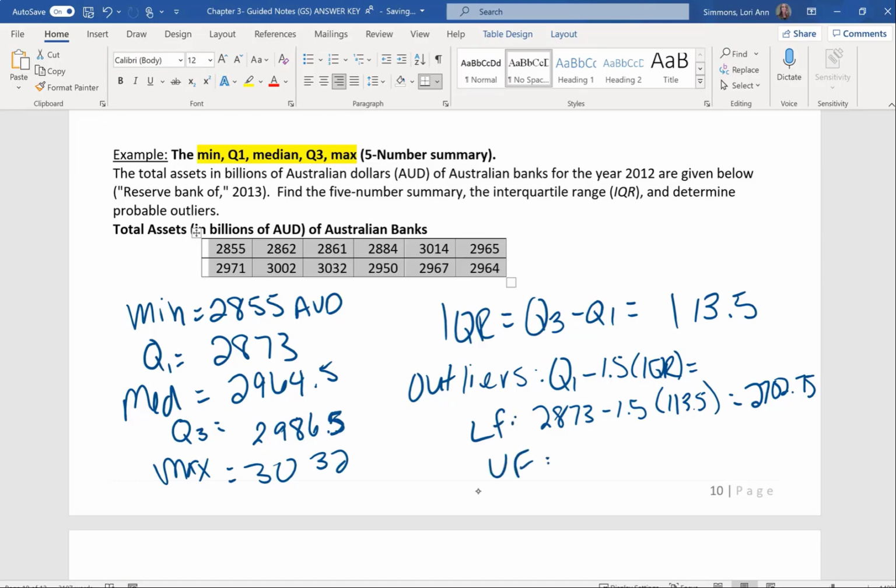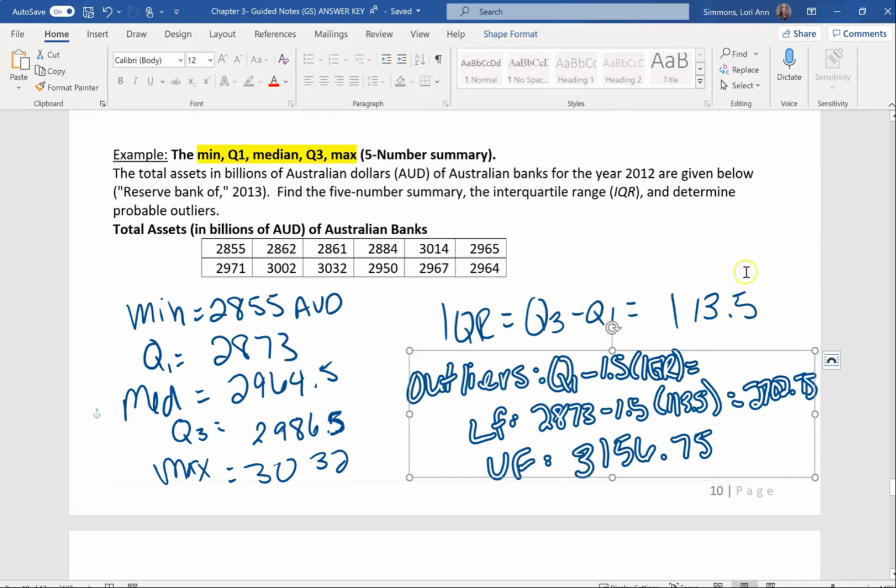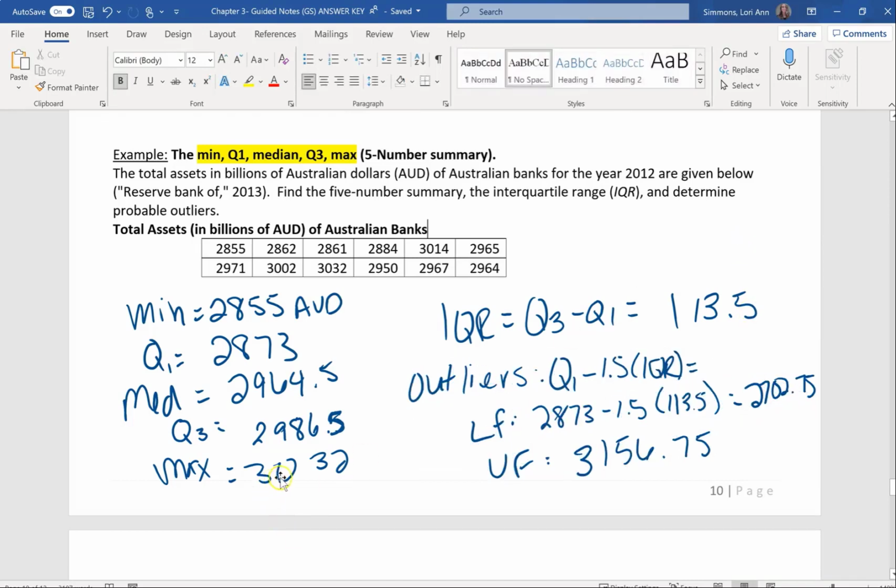Upper fence, 3156.75. You can see that the minimum is 2,855, and that is not lower than the 2,702. The same for the max, 3,032, is not greater than the upper fence. So there are no outliers.